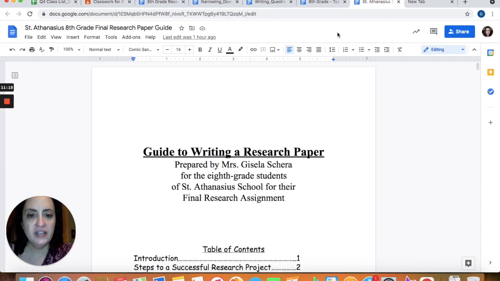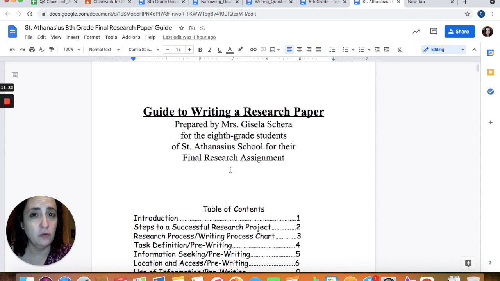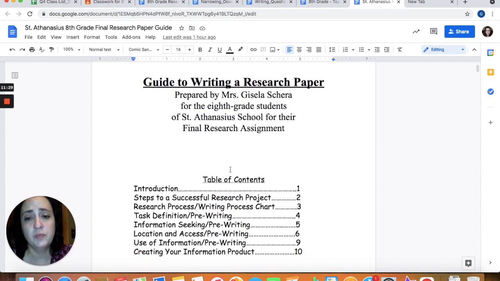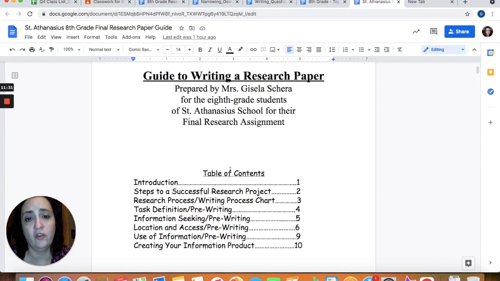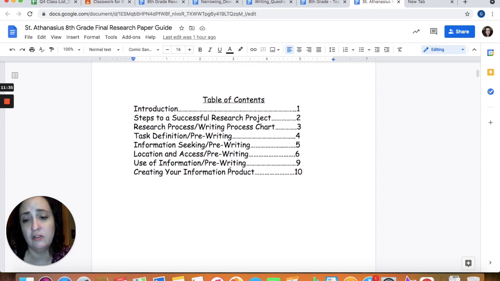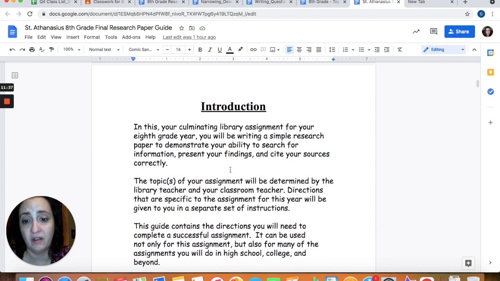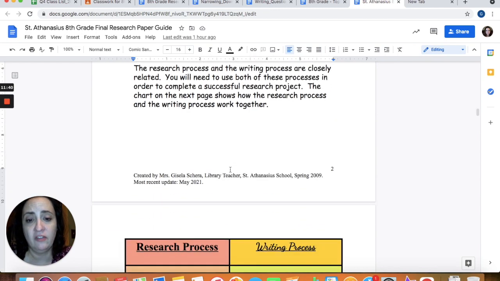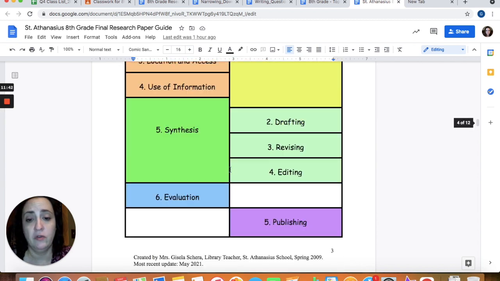Okay, this document here is really more to help you, given that I've changed so much about the assignment. A lot of the things that we would normally do as part of the assignment are included here, but I'm still including it anyway because this is something that I usually print out on nice paper with color ink for 8th graders to take with them when they go to high school.